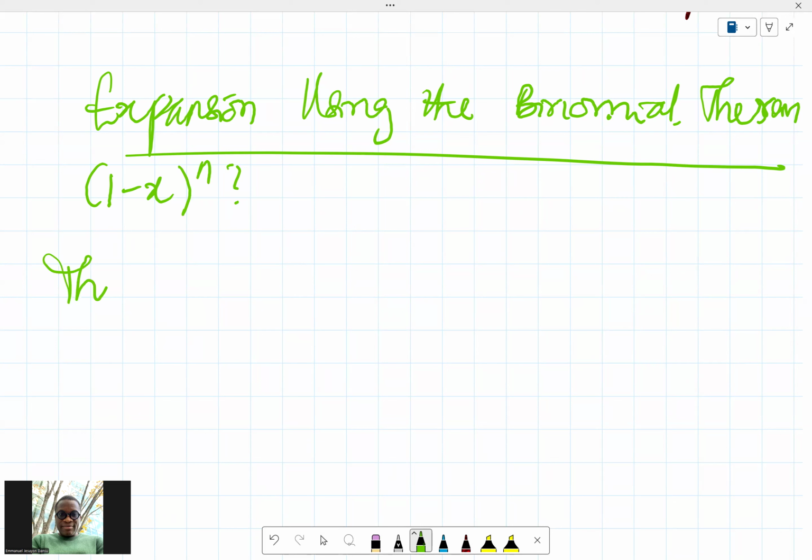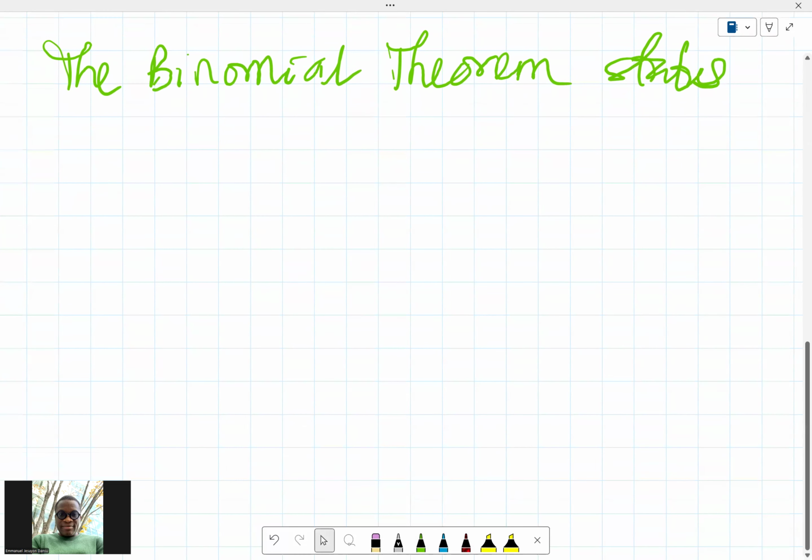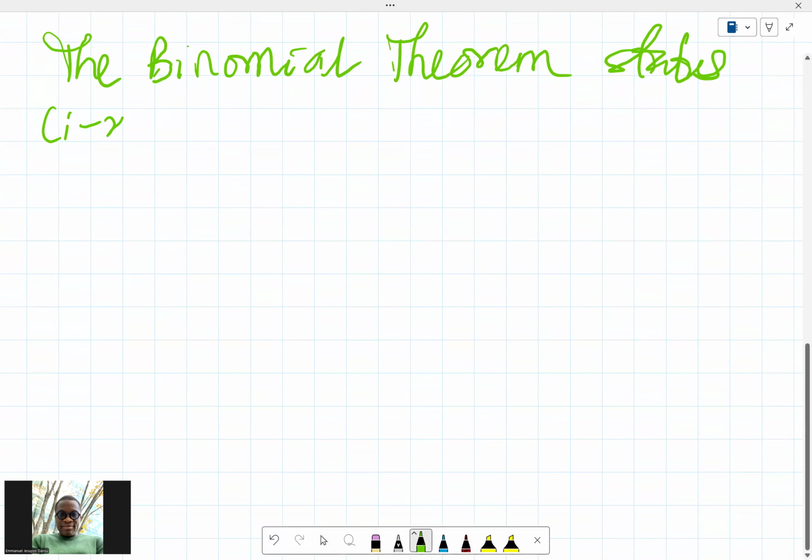So we can say that the binomial theorem states, for this specific situation where we have 1 minus x raised to power n, that it's a summation from k equals 0 to n of n combination k.